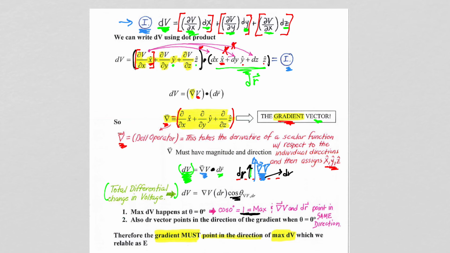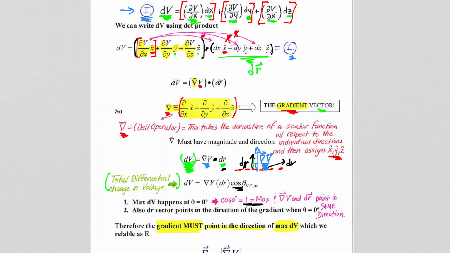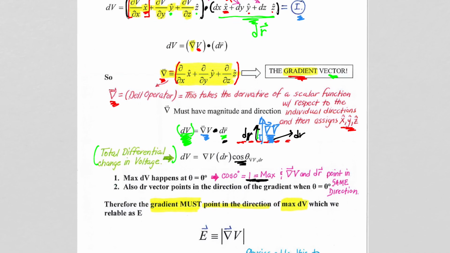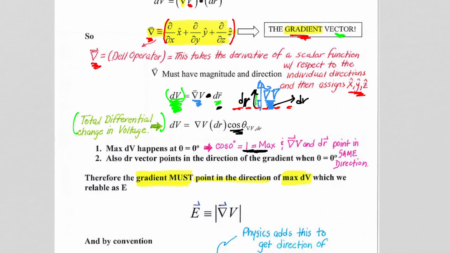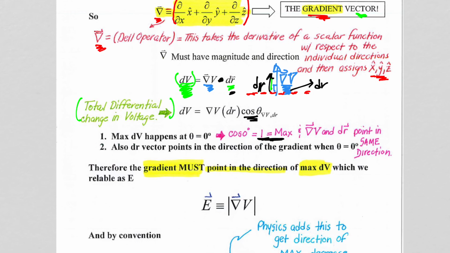The del V has to be fixed in space, giving us the maximum direction of the voltage, which has to be perpendicular to the voltage because it has to be parallel to the dr. So I realize there's a lot going on there, and we don't need the mathematics of the gradient and the del operator for our class, but if you go on in physics and engineering, you will be coming across this gradient vector. Hopefully this will help you out in at least having seen it initially here.